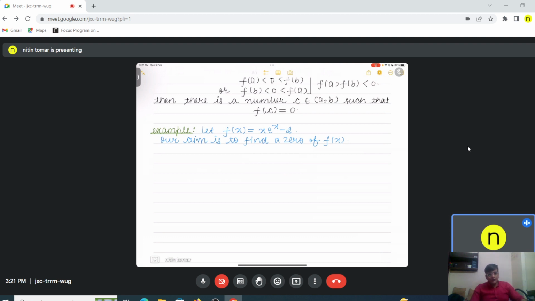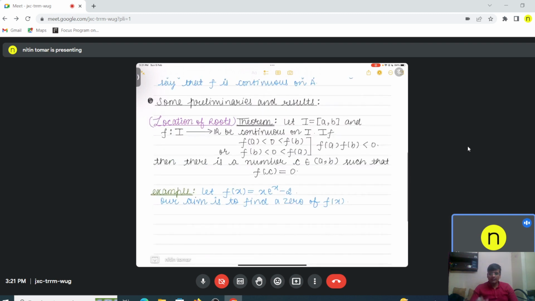As we keep on moving to higher degrees, for example, a polynomial of degree 3 or 4 or 5, finding a 0 is going to be really difficult. So how to find a 0? That is the question. So this is where the location of roots theorem comes into the picture.